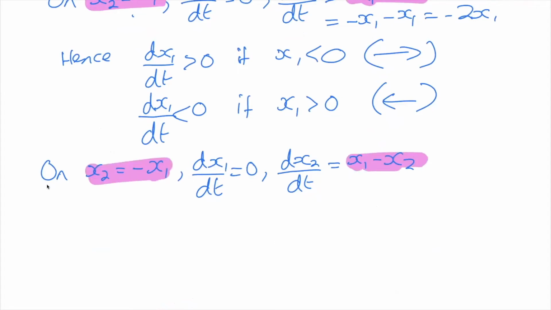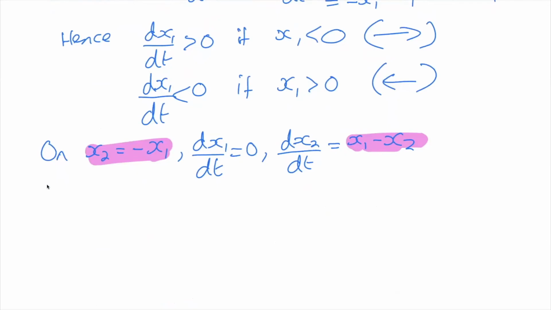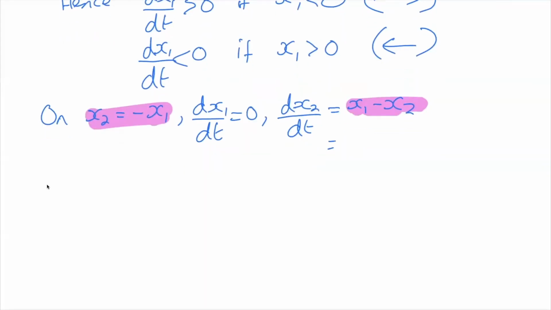Again, we can eliminate x1 or x2. In this instance, I'm going to eliminate x2 again. So if I eliminate x2 here, I'm going to have x1 minus x1. So it's going to be plus x1. So you have 2x1. So what does this tell me? Well, this tells me that dx2/dt is going to have the same sign as x1.